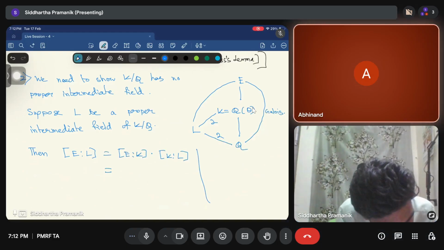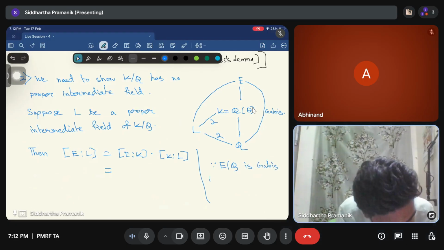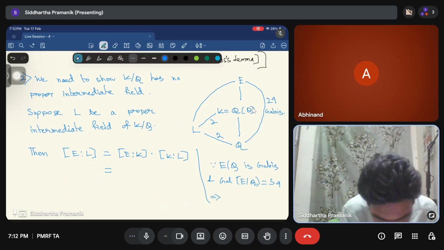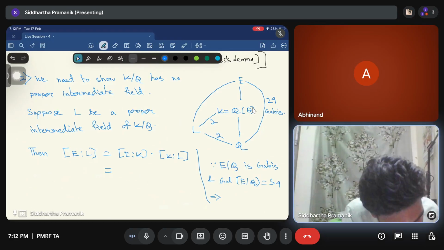So how to find E over K? Since E over Q is Galois and its Galois group is given as S4, this implies the degree is 24. So E over K has to be 6.